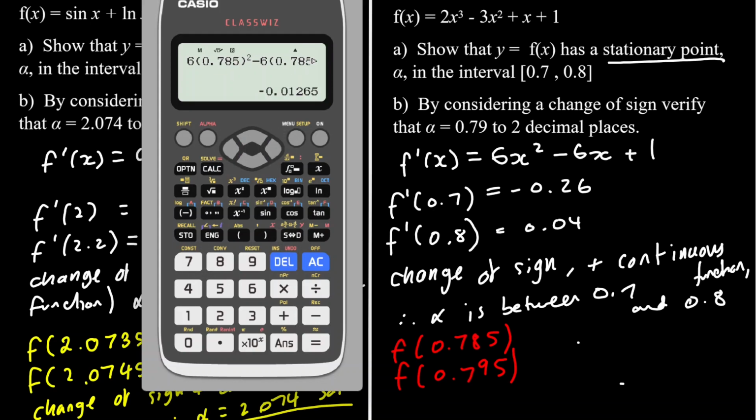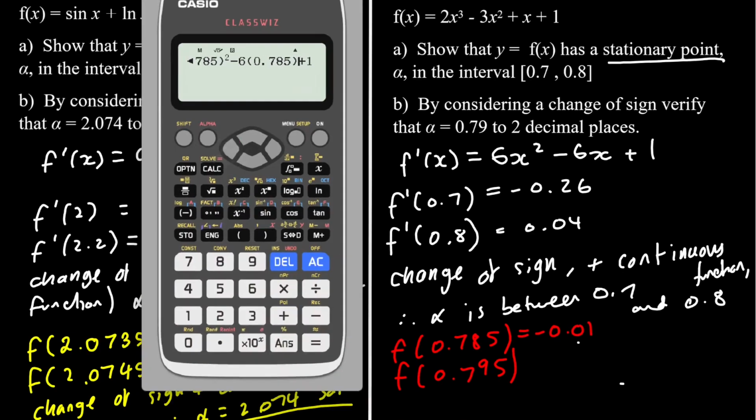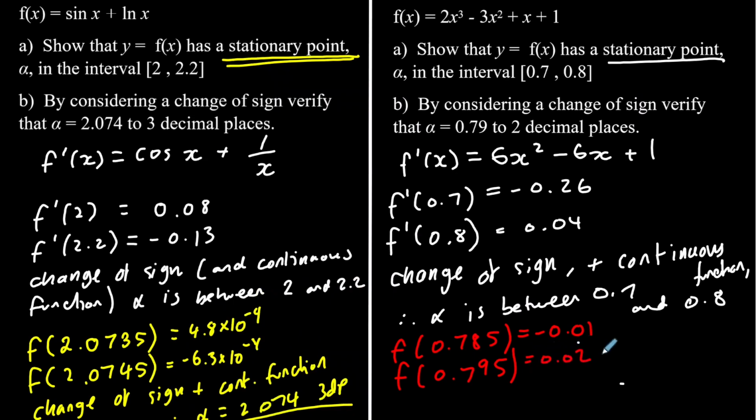So we get negative 0.01 and 0.02. So again, we've got the change of sign and a continuous function. So that means that alpha is 0.79 to 2 decimal places.